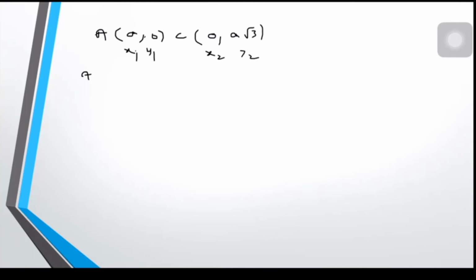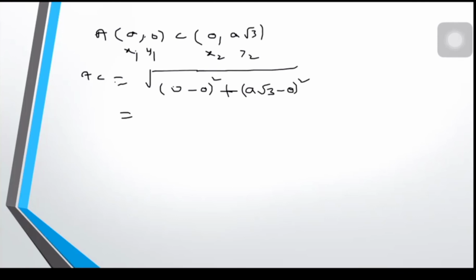So AC is equal to root of (x2 minus x1) whole square, which is (0 minus 0) whole square, plus (y2 minus y1), which is (A root 3 minus 0) whole square. 0 square plus (A root 3) whole square is 0 plus 3A square.